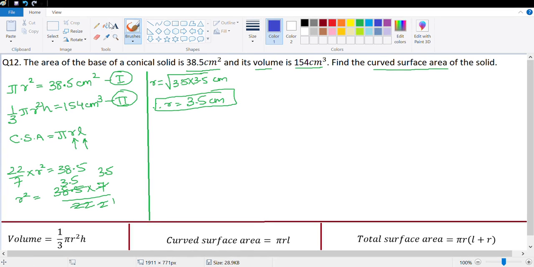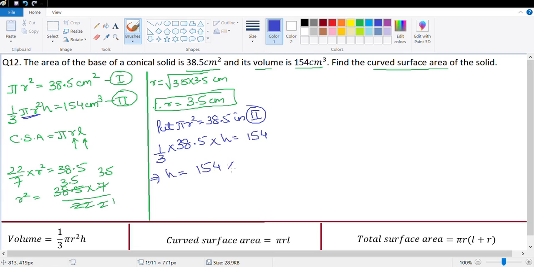So we've got one value at least of r. Now let's try and calculate h, and using Pythagoras theorem, then we'll get into l. Good. So let's put pi r square is equal to 38.5 in equation 2, because pi r square is here in this question. So in this equation, this is 1 by 3 into 38.5 multiplied with h is equal to 154, which means h is equal to 154 into 3 upon 38.5.